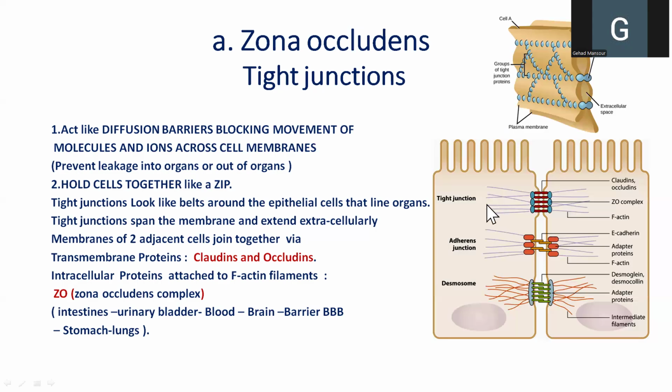Where are the tight junctions present? They're present in the epithelium of the small intestines, the urinary bladder, and the blood-brain barrier, which is the junction between the brain cells and the endothelial cells of the blood vessels.